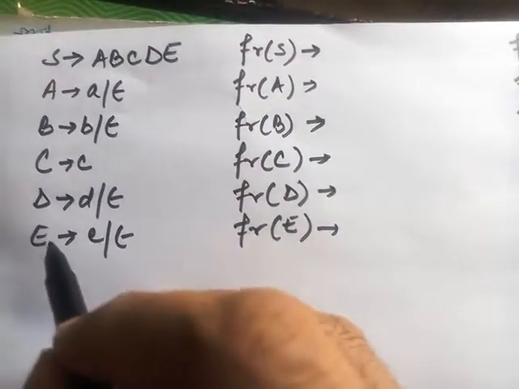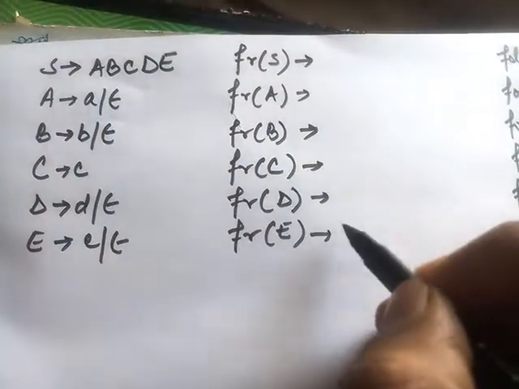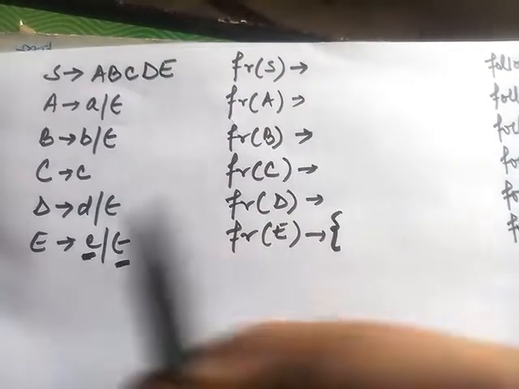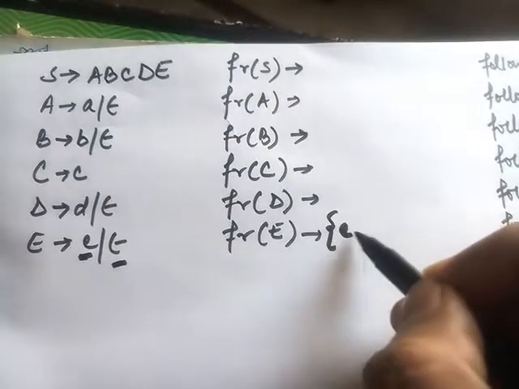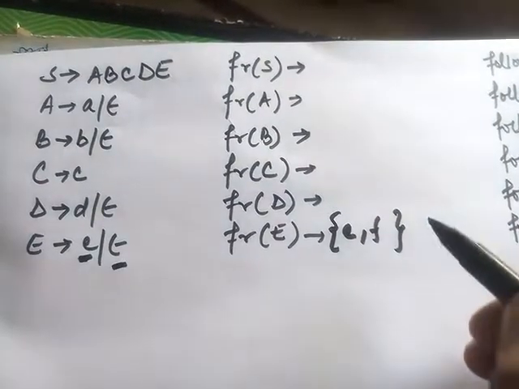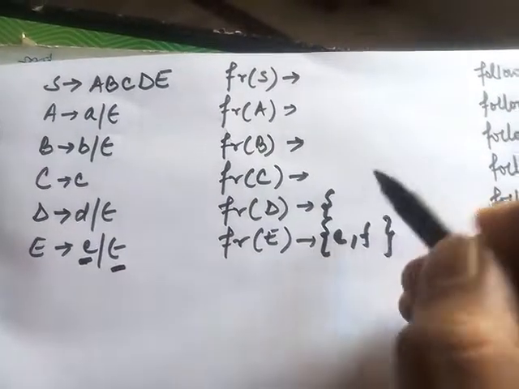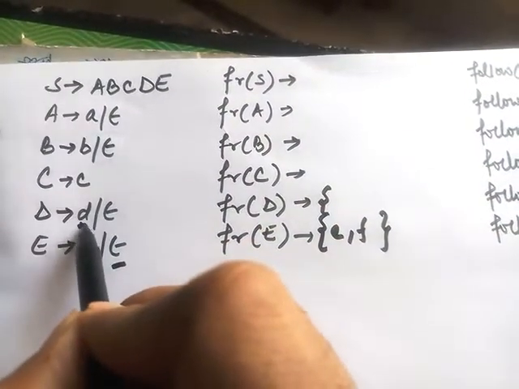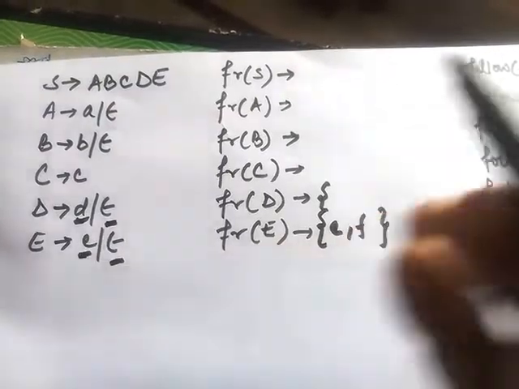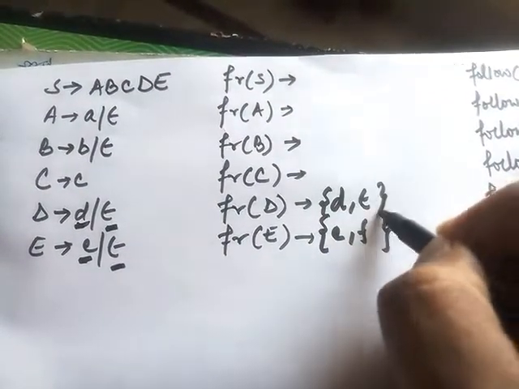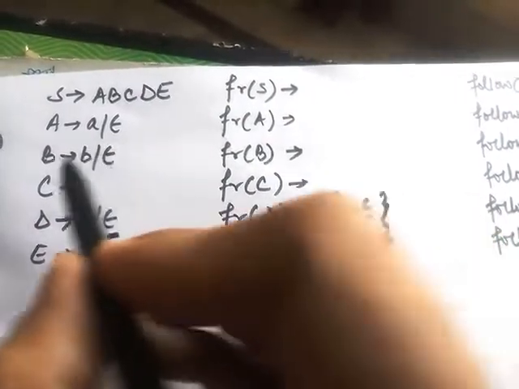We can simply say, what is the first of E? The first of E is small e and epsilon. What is first of D? First of D is small d and epsilon. What is first of C?